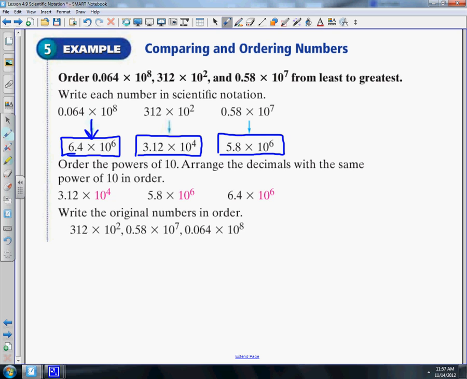You just look at the decimal points and you can see which one's the smallest first by the exponent, 10 to the 4th. So that one is the smallest, and they wrote it as this normal regular one. And then you look at the next one, so 5.8 is smaller than 6.4, so that goes next, and then 6.4 goes last.